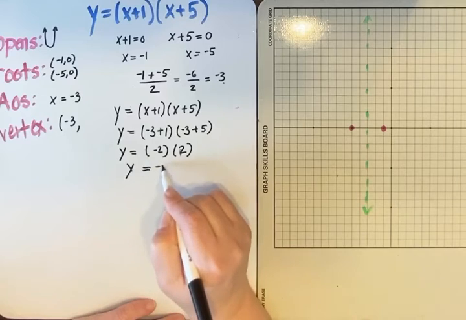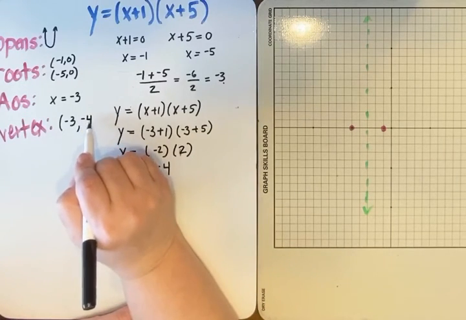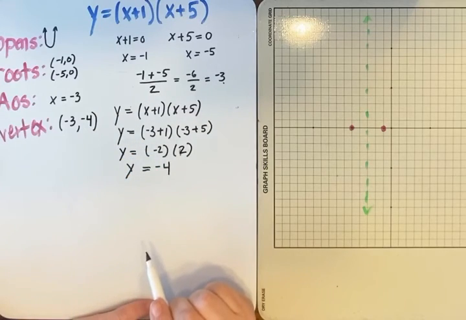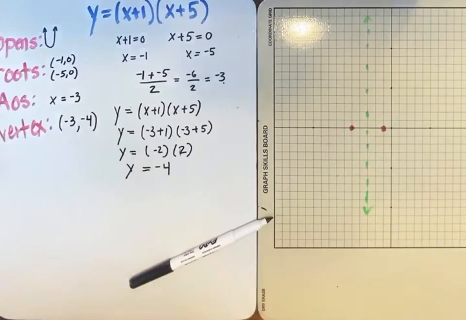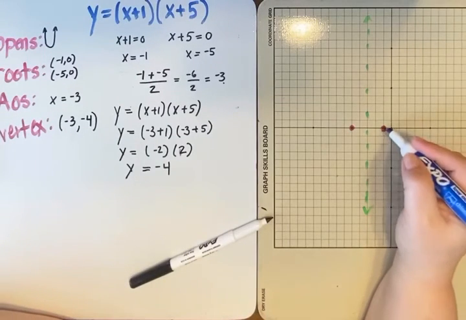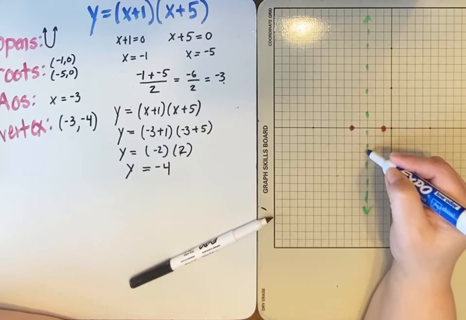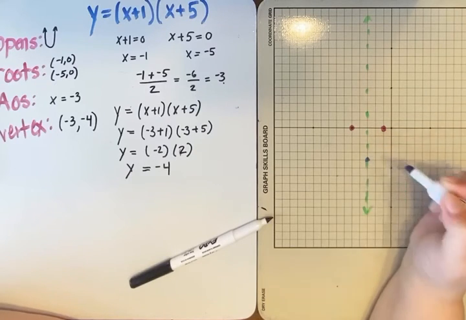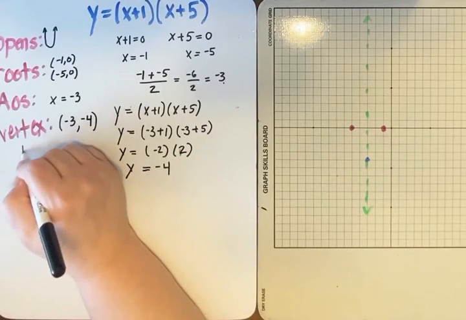And so that gives me a y value of -4. I now know the y coordinate of my vertex. I can now place my vertex at -3, -4. Okay. That would make my vertex a minimum value.